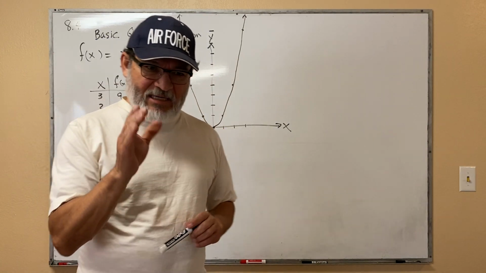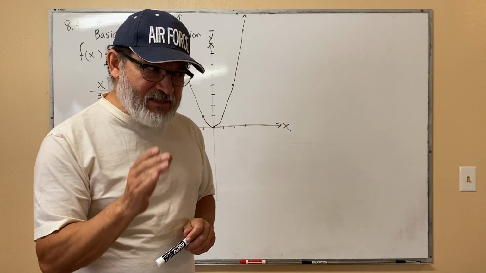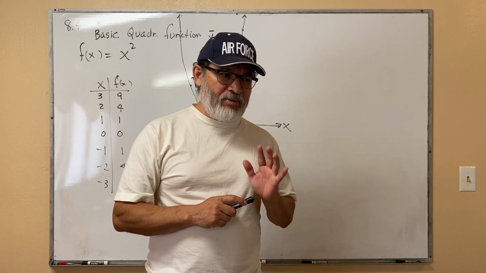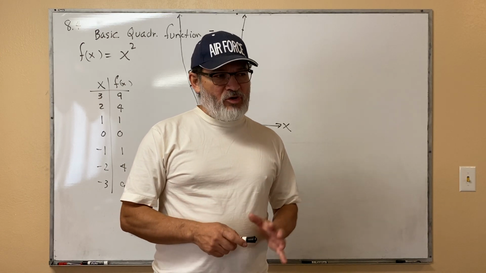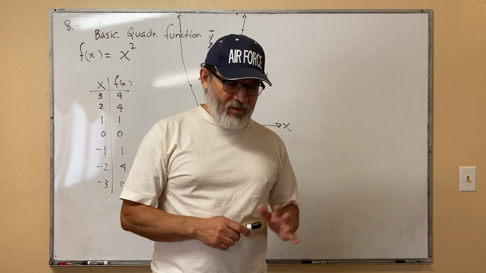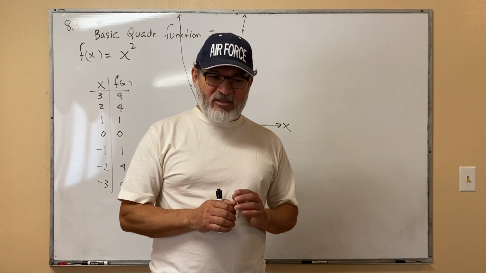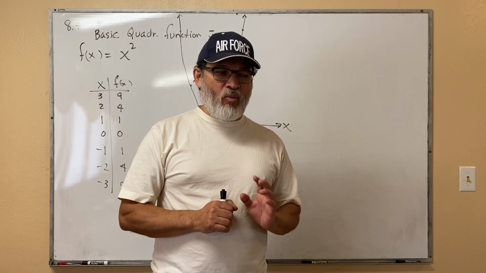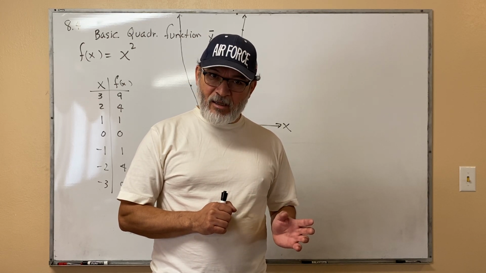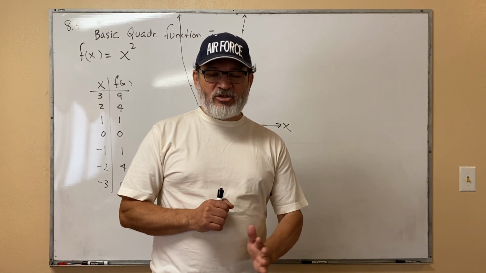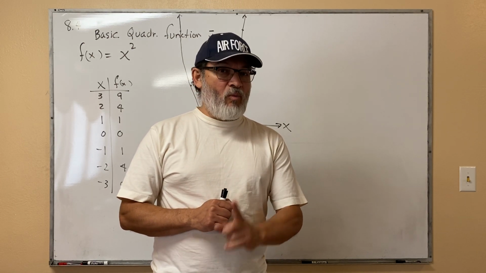So if someone asks you how the basic parabola behaves, you're going to say go to the vertex, and from the vertex, move once to your right, one up. From the vertex, once to your left, one up.